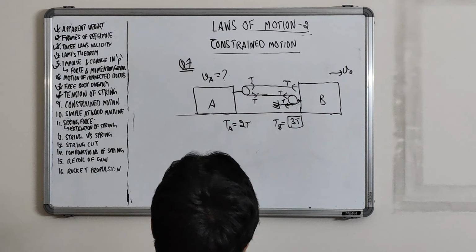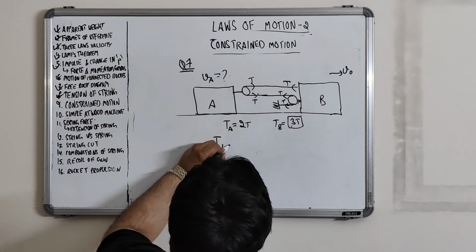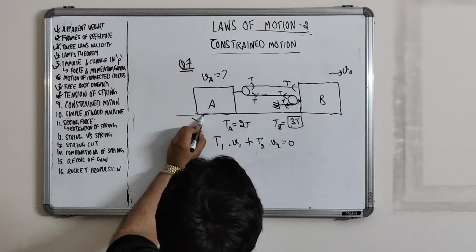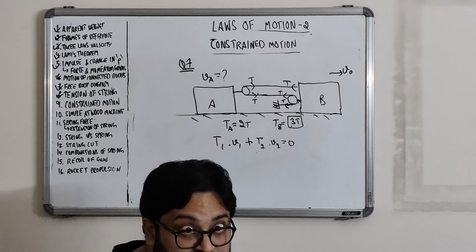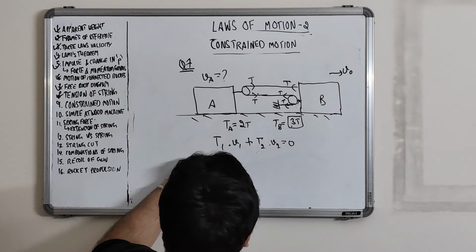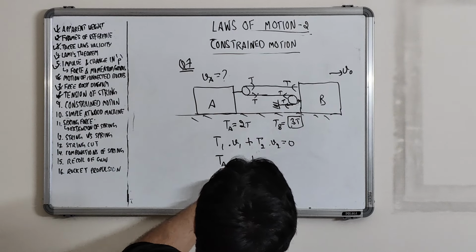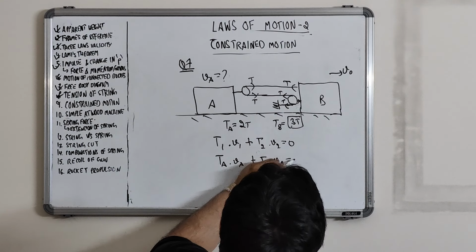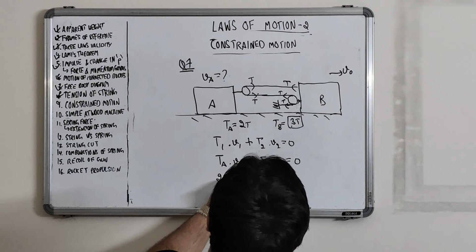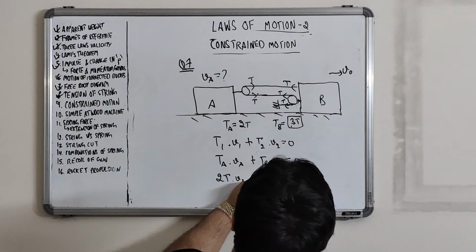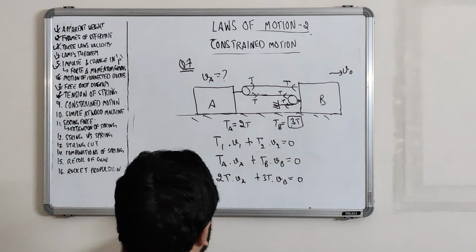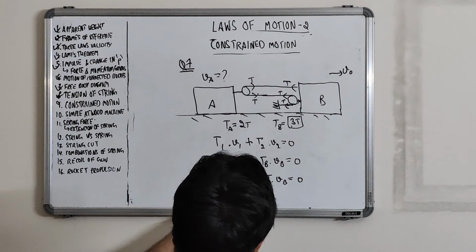If you remember the constraint of string, T1 dot V1 plus T2 dot V2 is equal to 0. Now you have to remember the surface is frictionless. Therefore TA dot VA plus TB dot VB equals 0. So 2T dot VA plus 3T dot VB equals 0. Now these forces are at 90 degrees, therefore this becomes 2T VA plus 3T VB.